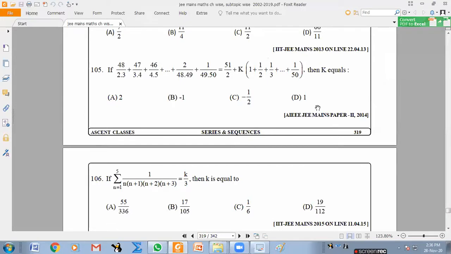What is the general term? Sigma 49 minus K by K plus 1 into K plus 2, where K is changing from 1 to 48.